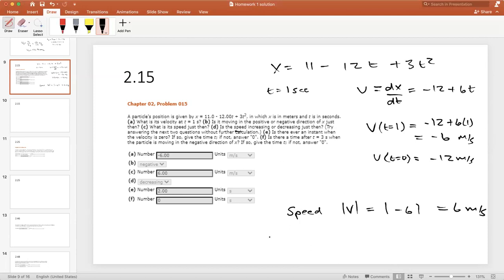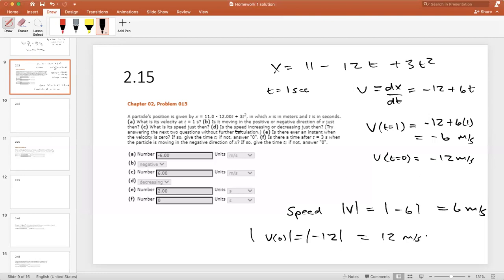Well, at v of time equal to 0, it was minus 12, or taking the absolute value to get the speed, it was 12. At time t equals 1, it was 6. So the speed decreased in magnitude, but the velocity was increasing in a positive direction.